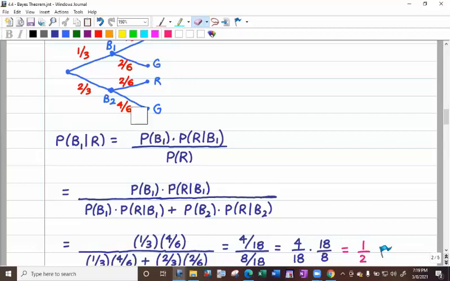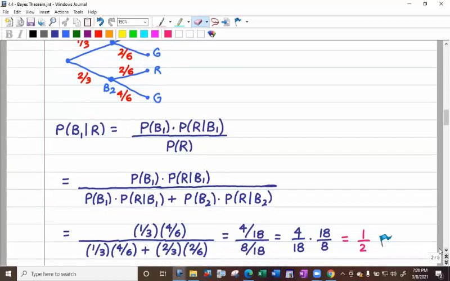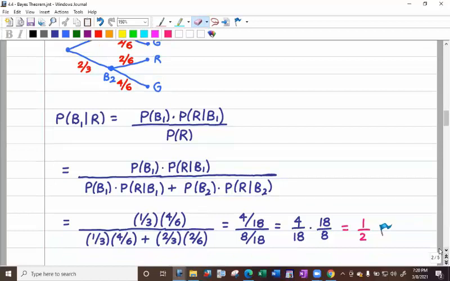So the top part would just be the B1 times the red, like this, and then the bottom is the 1/3 times 4/6, and then the 2/3 times 2/6, and then you just calculate that out from there. Like I said, once you get the hang of this a little bit, you can do it without worrying about writing out the formula or anything like that if you get comfortable with it. And that just happens to end up being 1/2. So you have a probability of 1/2 that it came from box 1 if you know it's red.